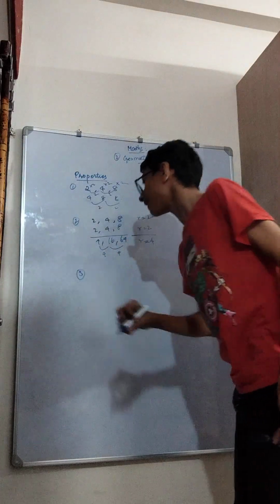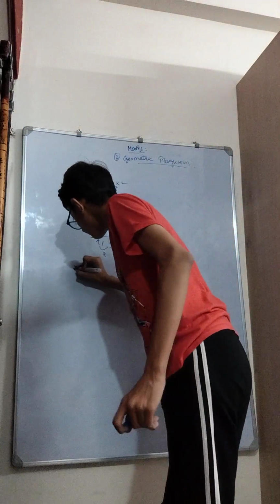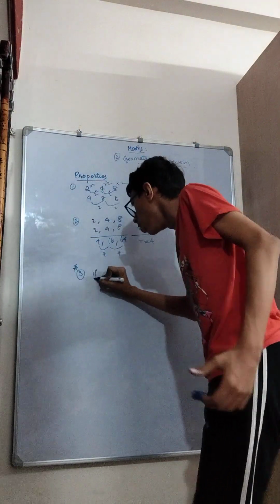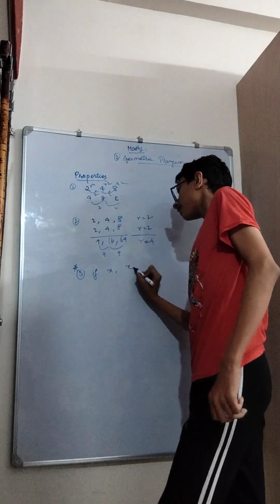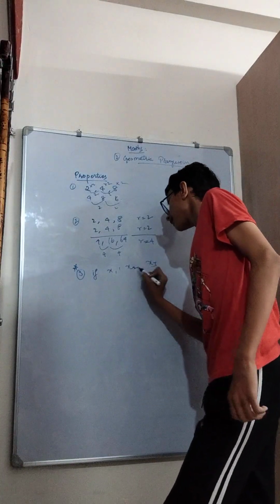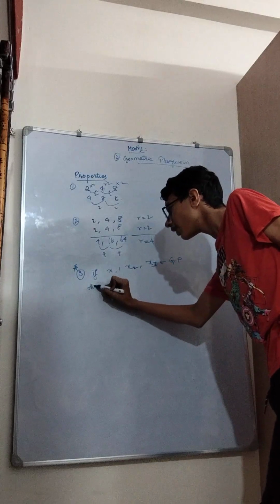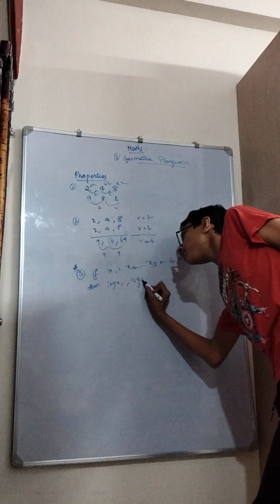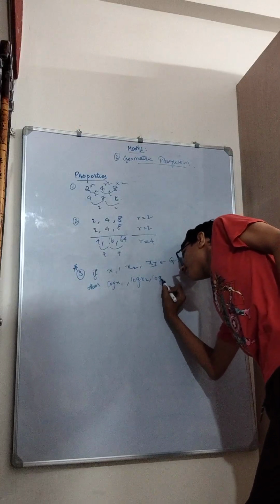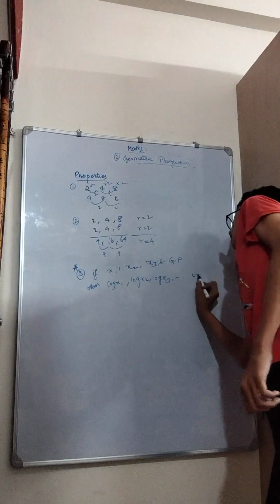The third property is a very, very important property. If x1, x2, x3 and so on are in GP, then log x1, log x2, log x3 and so on are in AP.